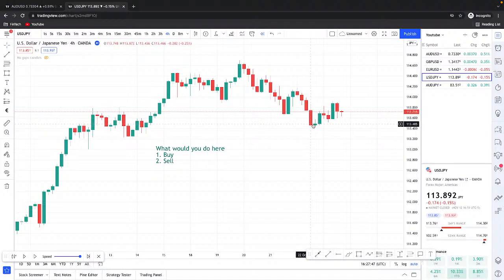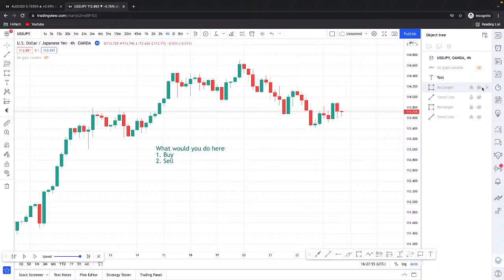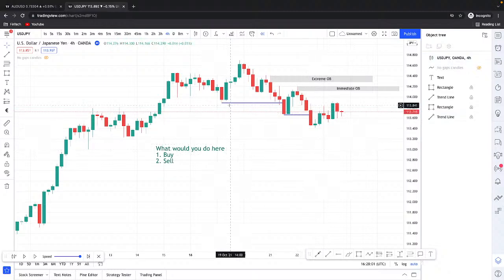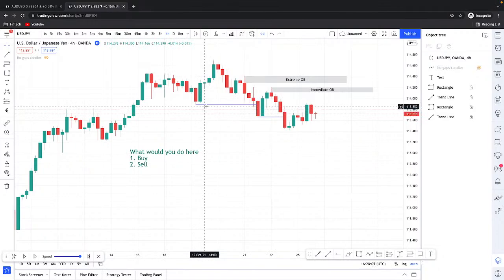Yeah, so the correct answer is sell. And here is the thing. I just hide it somewhere, this thing I marked. So what does our confirmation model say? We need to have either break of order flow and two breaks of structure.